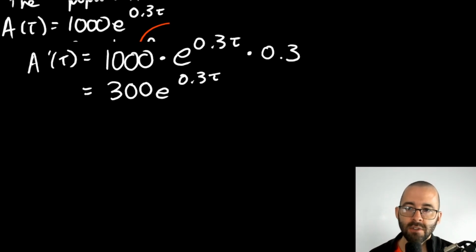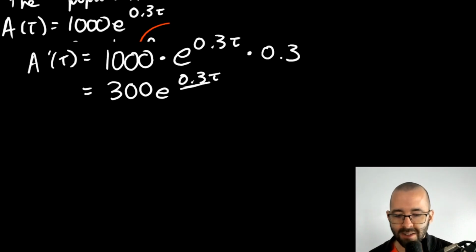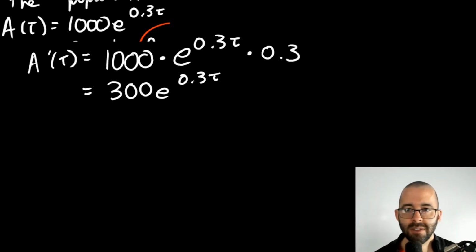This gives the rate of change every day. This shows how many mosquitoes per day we're growing at. So at the start, when t equals 0, this whole thing becomes 1. At the start, we're growing by 300 mosquitoes every day, approximately. And that should make sense, right? If our growth rate is 30% and we start with 1,000, we would expect about 300 mosquitoes to grow in that first day.